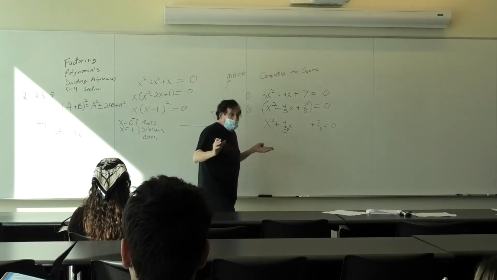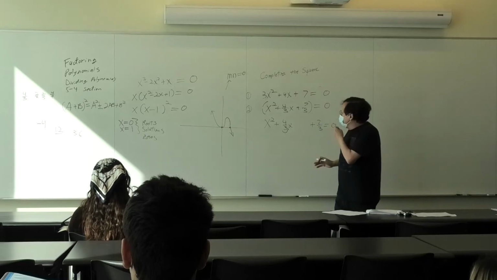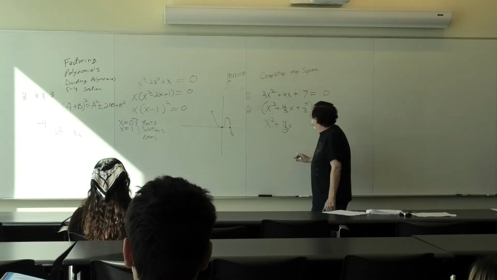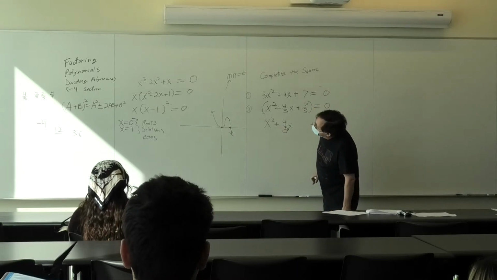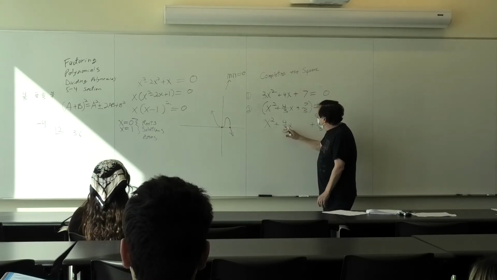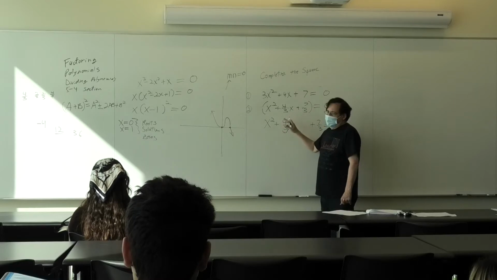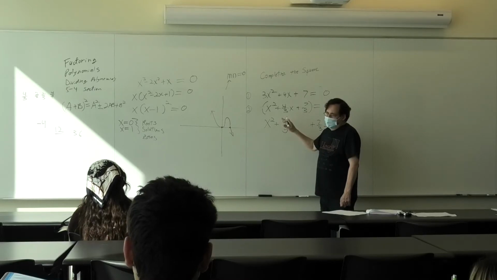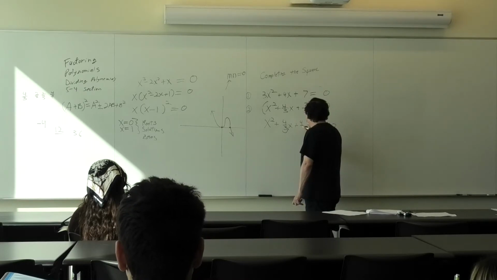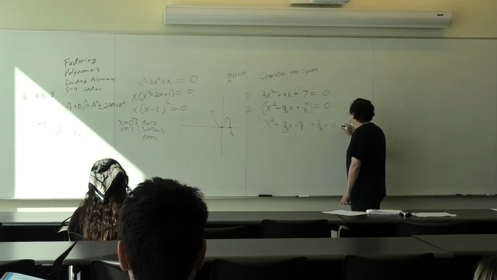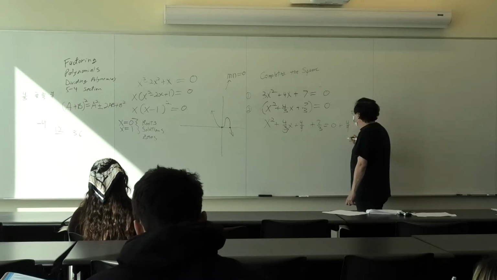That's the hard part. So here we have 4/3. 4/3 divided by 2 is 2/3. We square it, we get 4/9. And we're going to add 4/9 to this side.